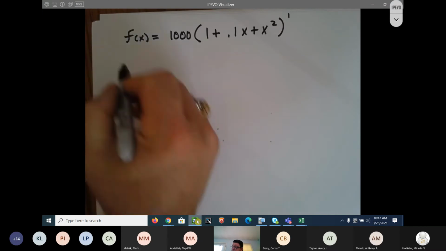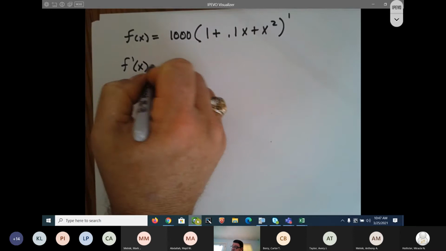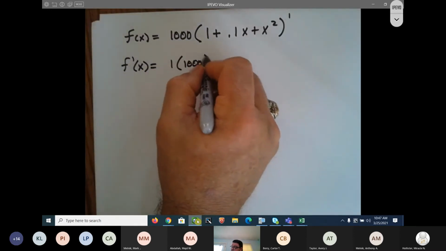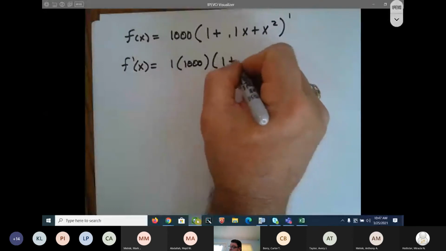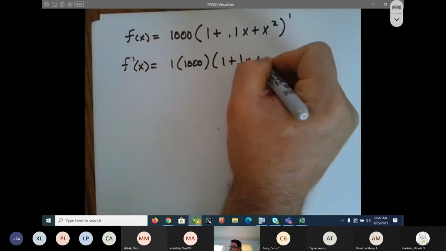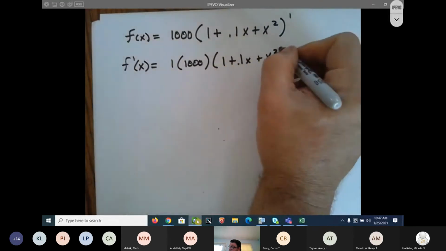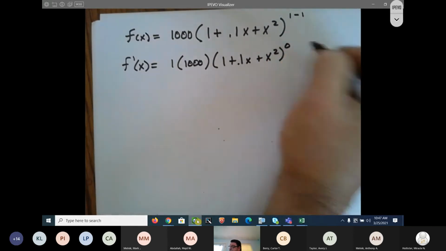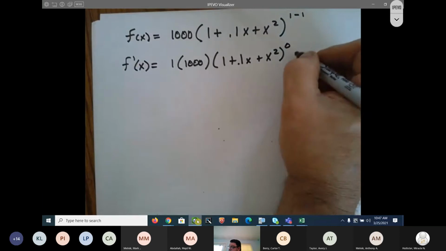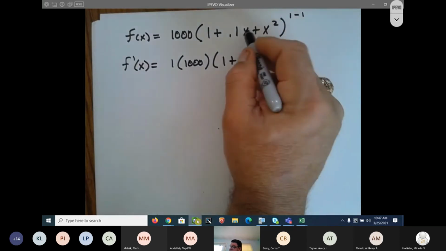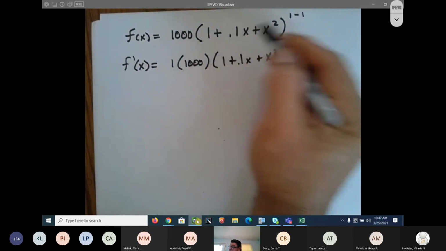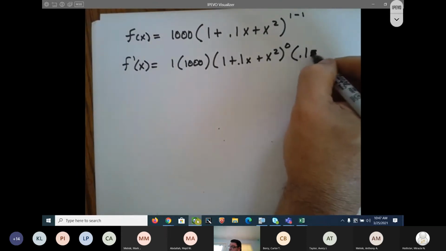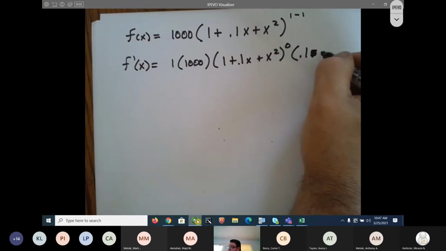And that's going to be f prime of x is equal to 1 times 1,000 times (1 plus 0.1x plus x squared) to the 1 minus 1, to the 0 power, times the derivative here, which is going to be 0.1 plus 2x.